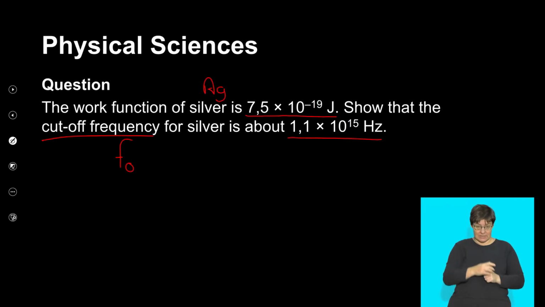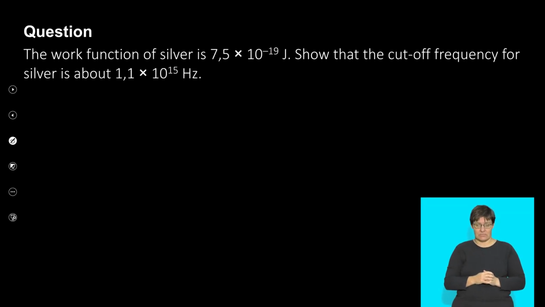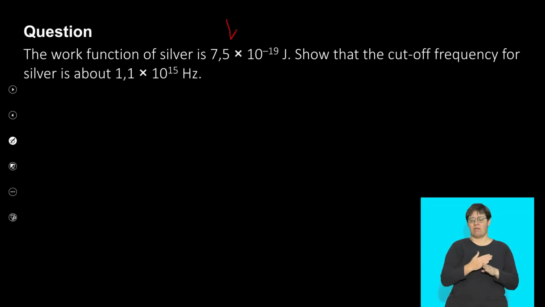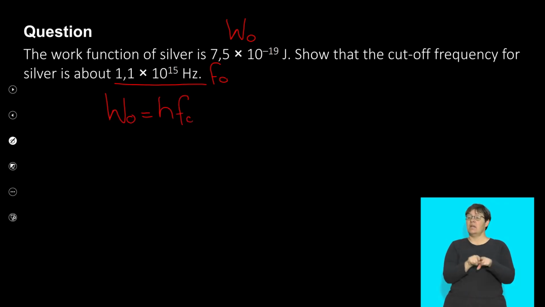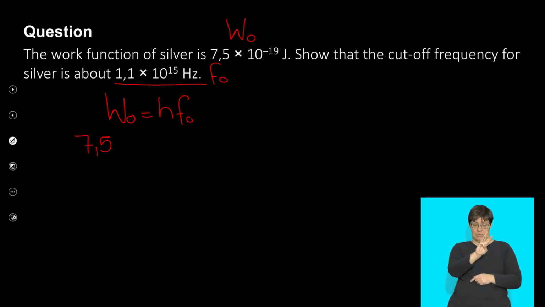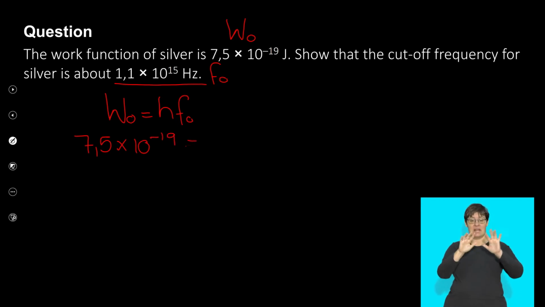So, I know what the work function is. This is W0. I need to prove that value, so I can't put that in my equation. We remember that the work function is h times f0. They've told me W, 7,5 times 10 to the minus 19. h is a constant.